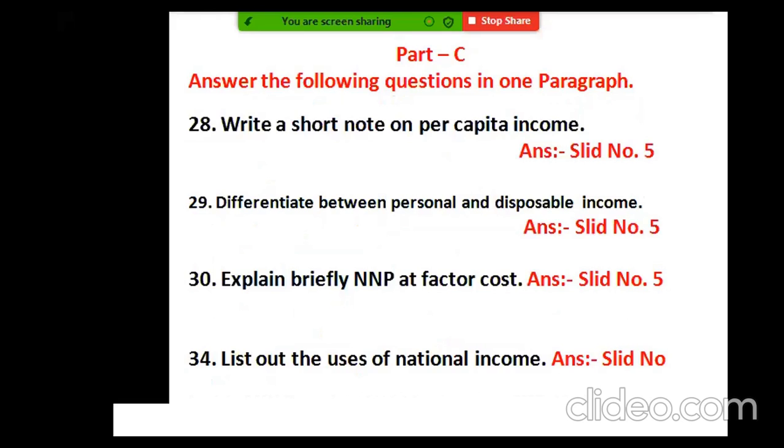And one is missing, question number 34. I will add this in the next class. Okay. Thank you. Go through the questions and do the homework given by our management. Thank you.